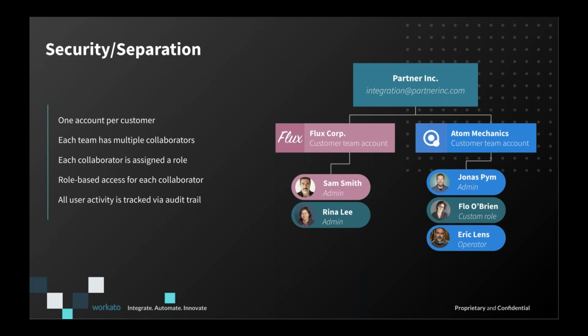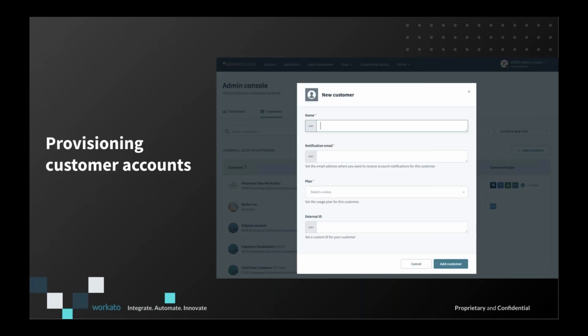And Grace, are we going to be talking about how these accounts can be dynamically provisioned and so on, or is this a good time to talk about that? Yeah, this is a good time to talk about that. If we move on to the next slide, the screenshot that you see on the right hand side here shows the ability to provision these customer accounts directly from the admin UI.